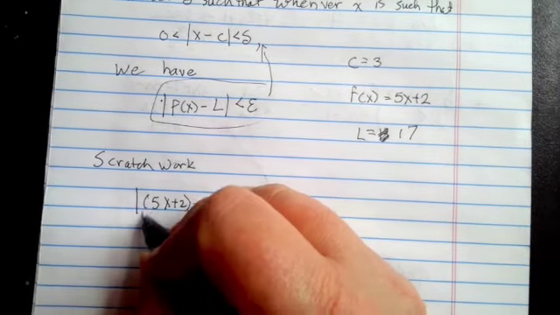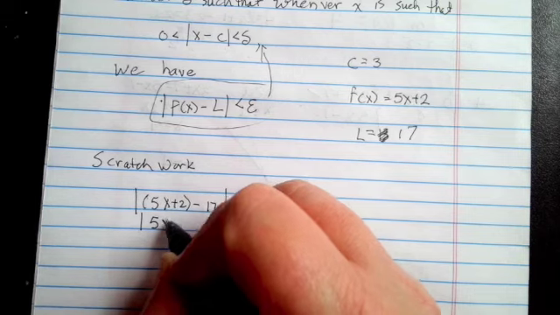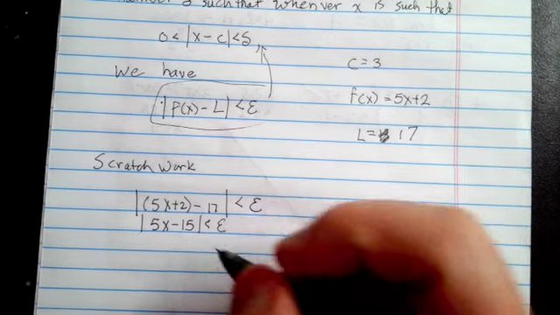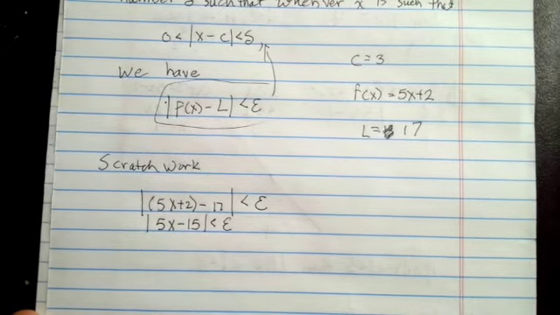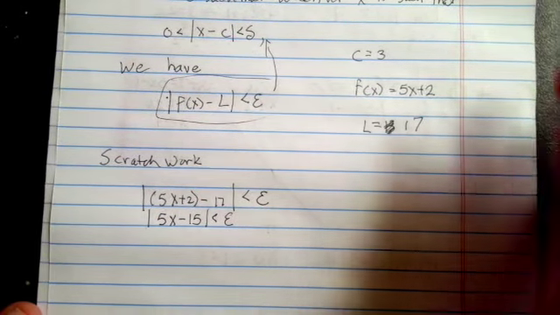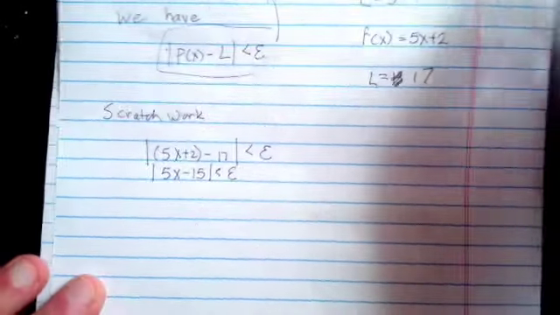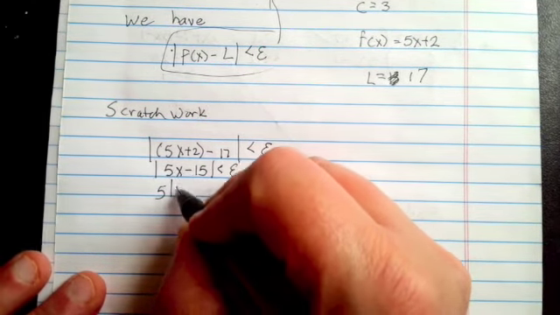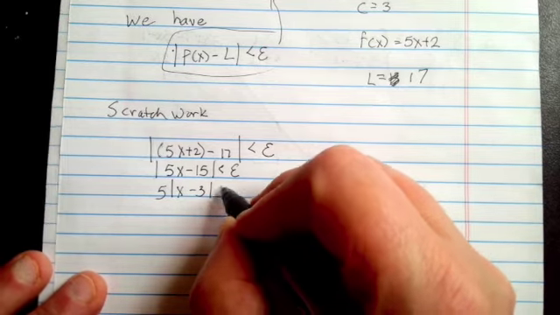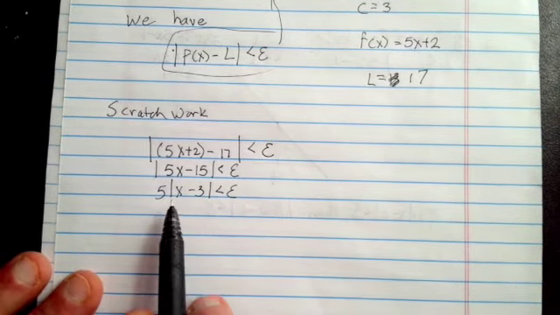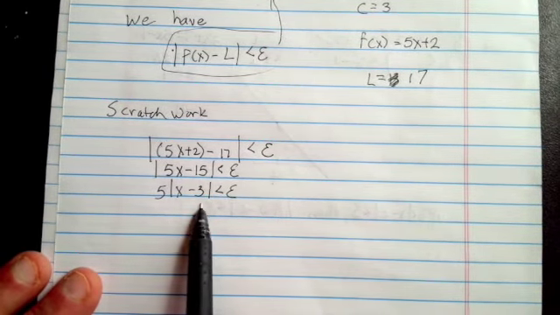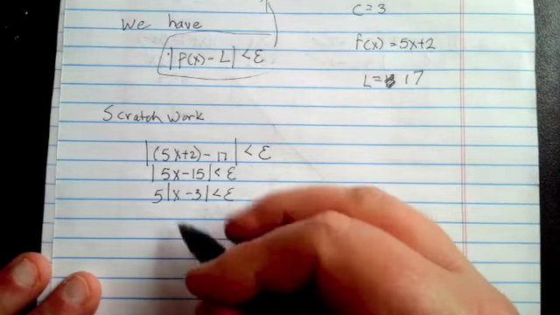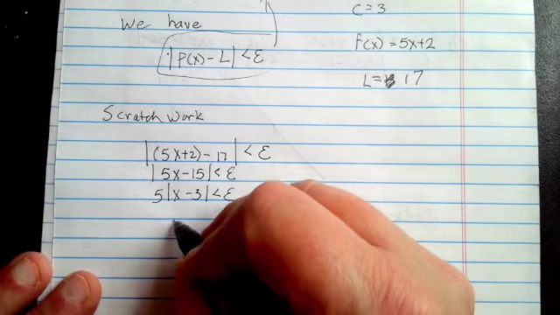That would be the absolute value of 5x minus 15, I think. Now, we can take out a common factor of 5. And this is good, because what we need is the absolute value of x minus c. C is 3. That's what we need.